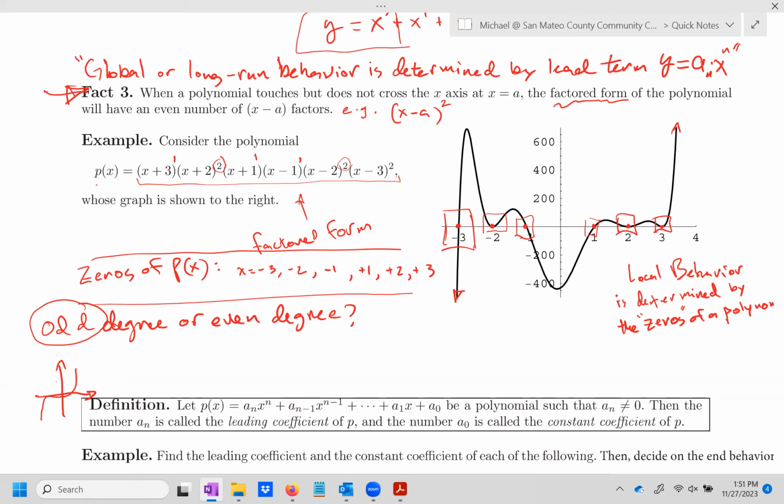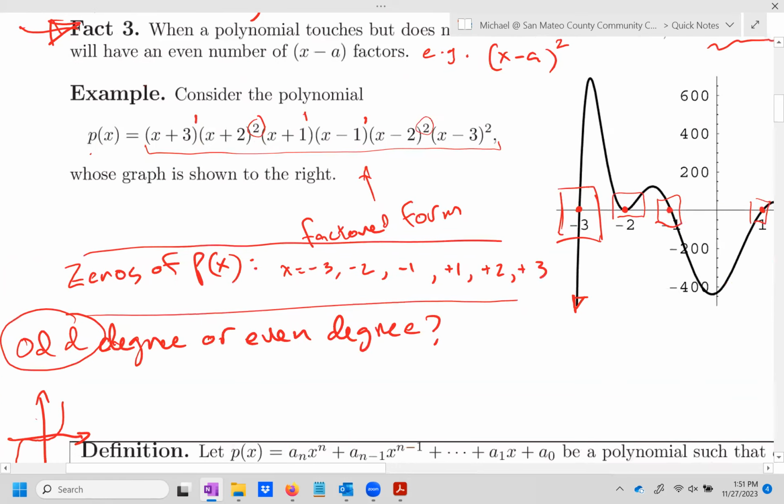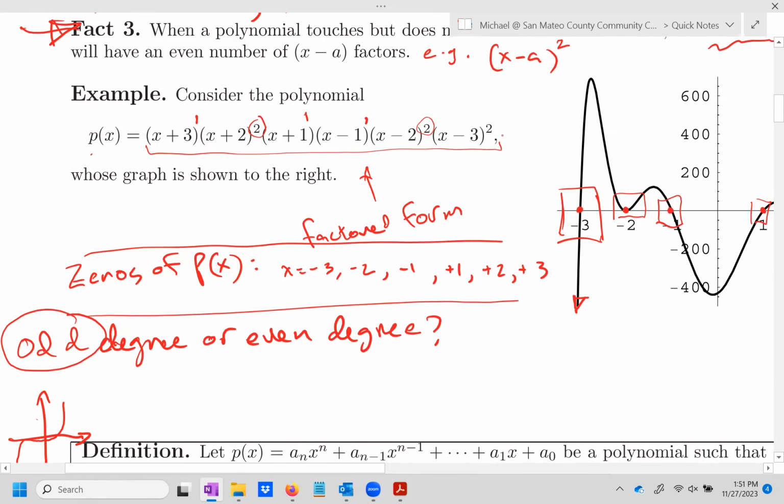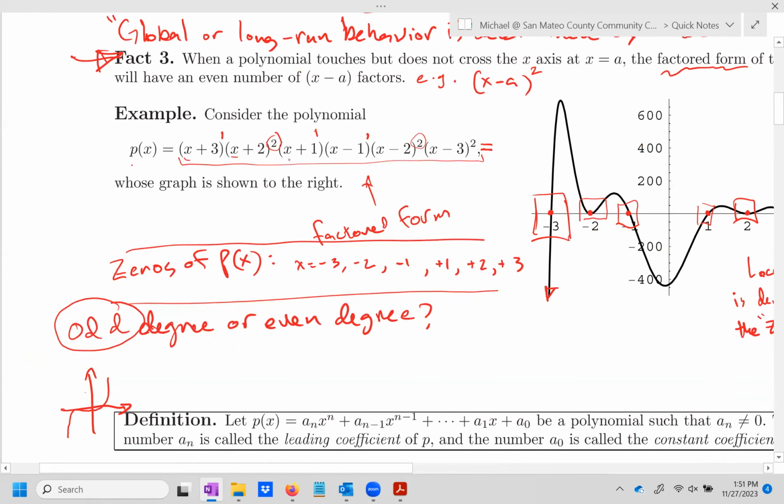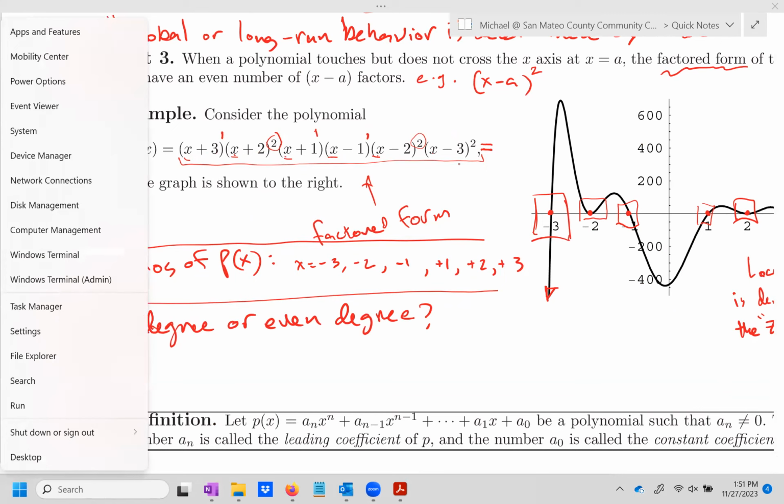Okay? So we can also tell what's the degree. I can actually tell exactly what the degree is. So notice that there's nothing multiplying the x's. If I was to FOIL all this stuff out, it's just x times x times x times x times x times x. There's an x squared times an x squared times an x times an x times another x squared times another x.